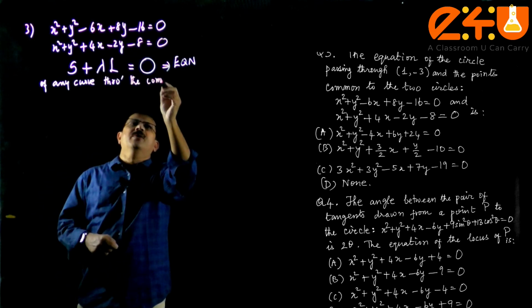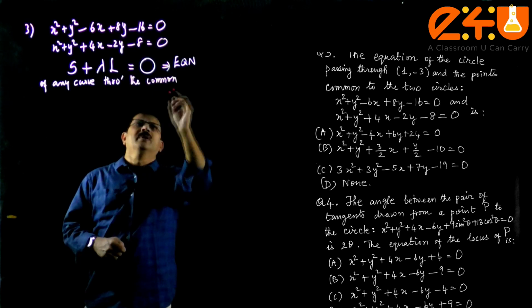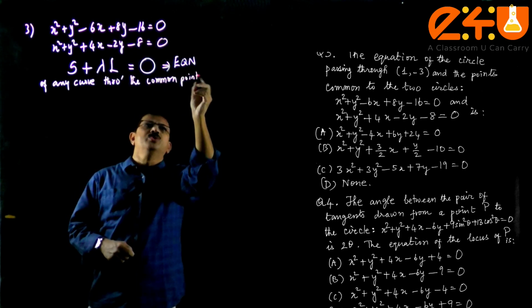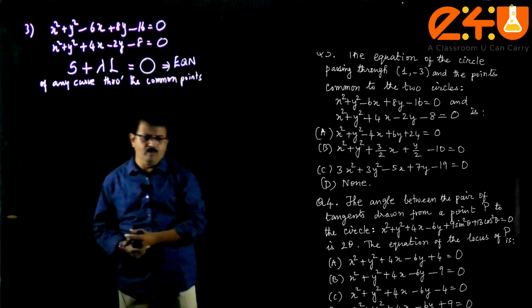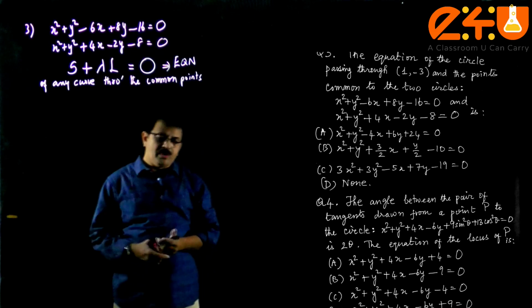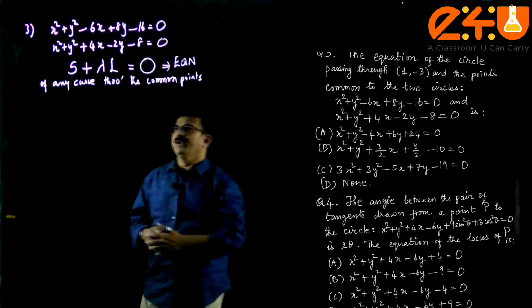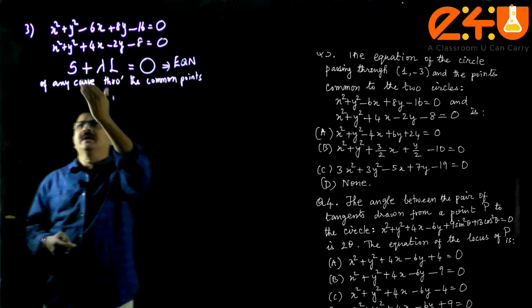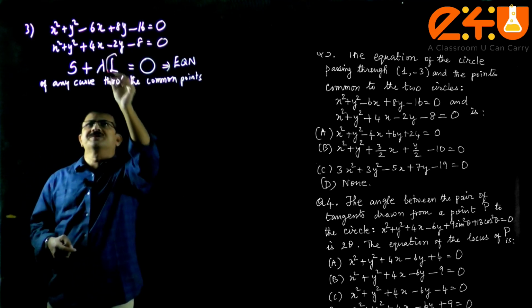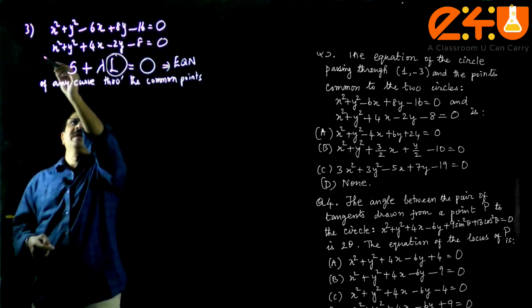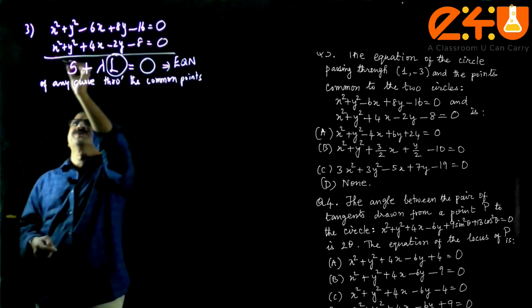So we need not worry about getting the solution for the common points. Without knowing what the common point is, we will directly get the answer done. So how do you get this L? Very simple, get the difference.